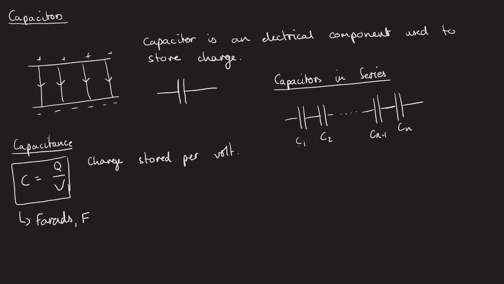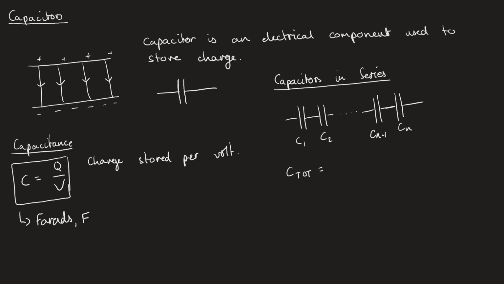And then they might ask, what's the total capacitance? C total is going to be added in a similar way to how we add resistors in parallel. If I have just one here, this one capacitor can store all of the charge in that circuit.